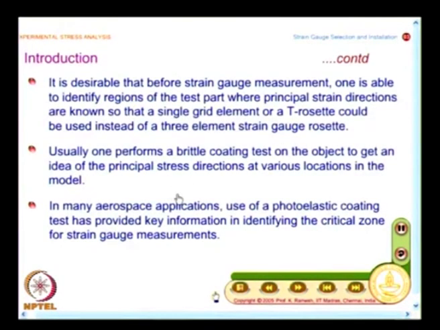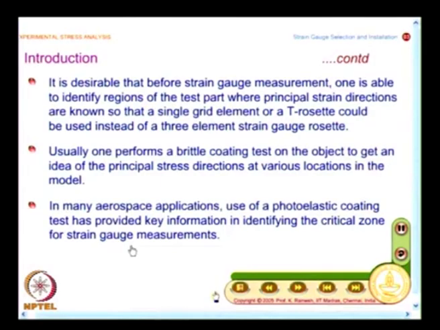And another aspect is, strain gauge is a point by point technique, and if you take any one of the optical techniques like photoelastic coatings, that gives you whole field information. So, when you get the whole field information, the advantage is you have knowledge of the critical zone where you need to make further study using strain gauge measurements.